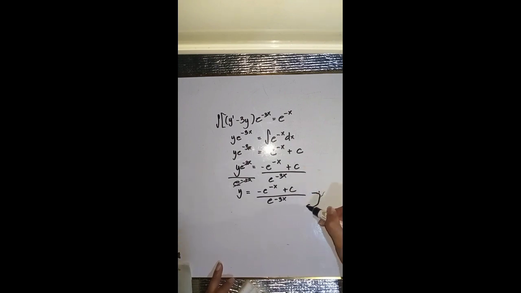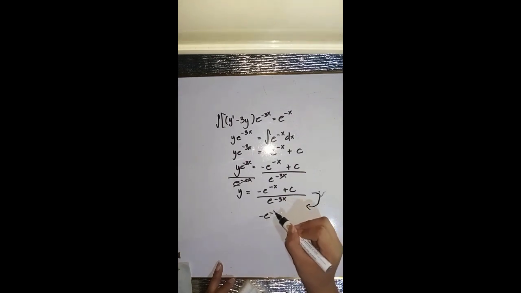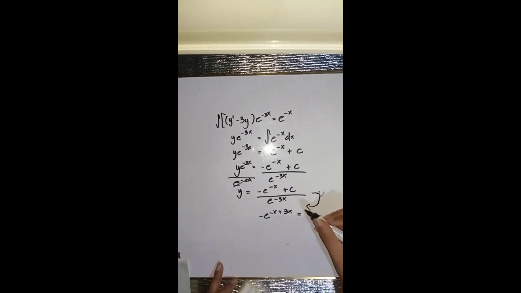So negative e raised to negative x plus the exponent of the denominator, which is negative 3x, will become positive 3x. Then it will equate to negative e raised to positive 2x.